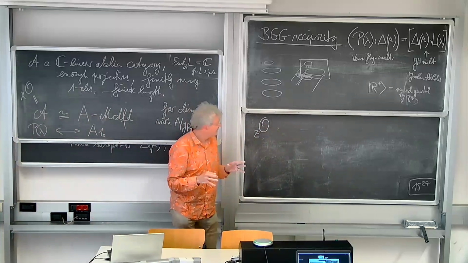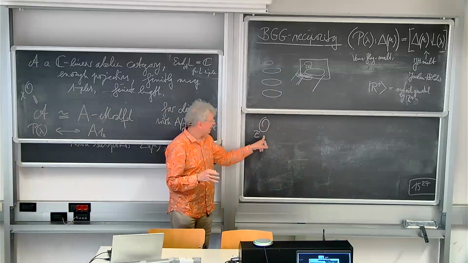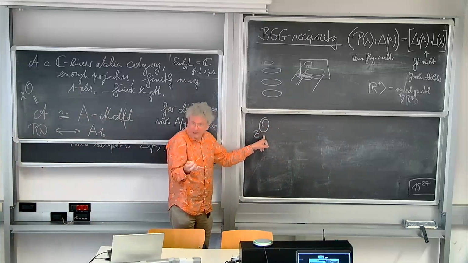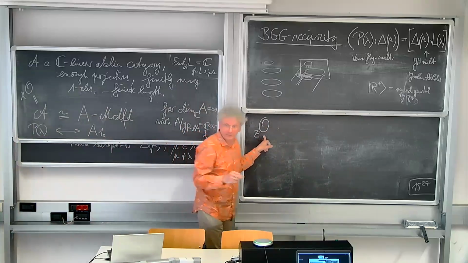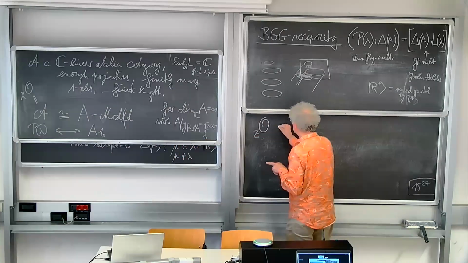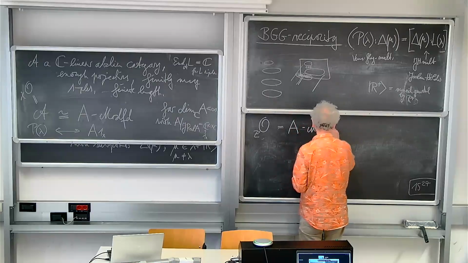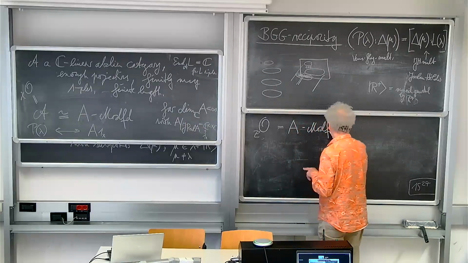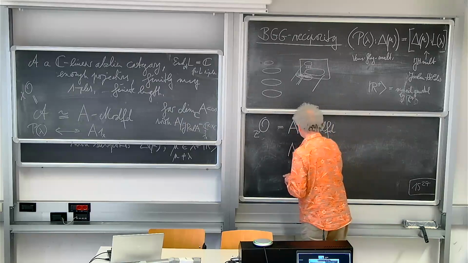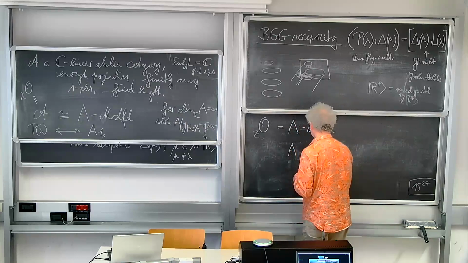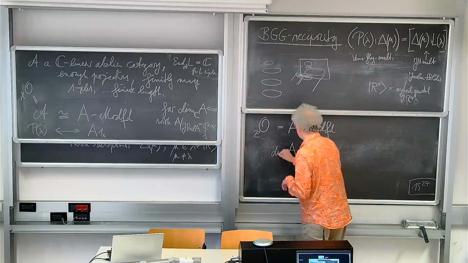I have said that this is a representation of a quiver, right? So the algebra would be the quiver algebra. In this case this is finite dimensional A-modules, and A is a 5-dimensional algebra.